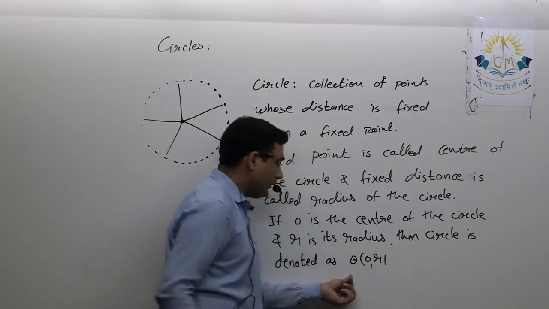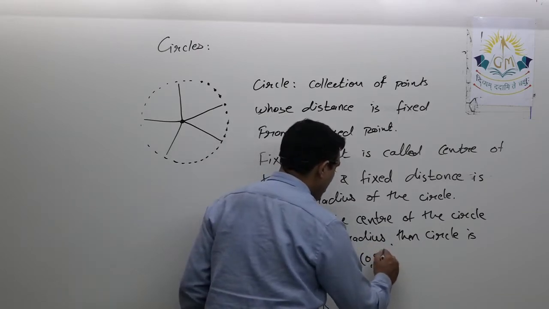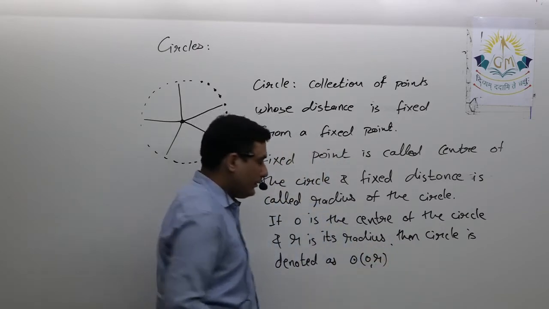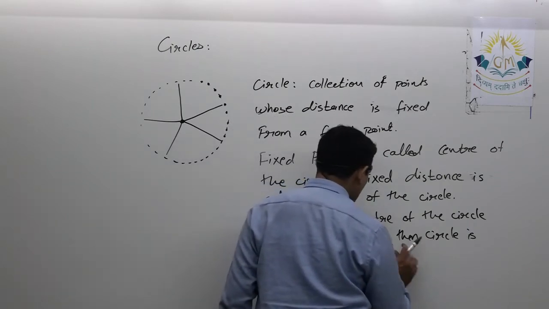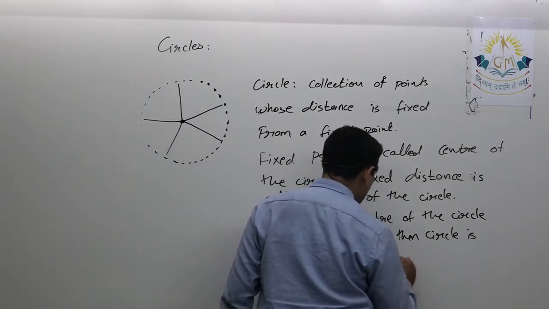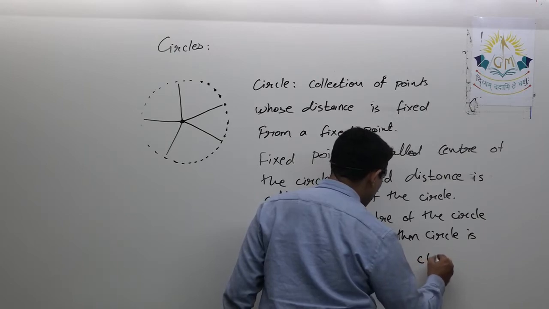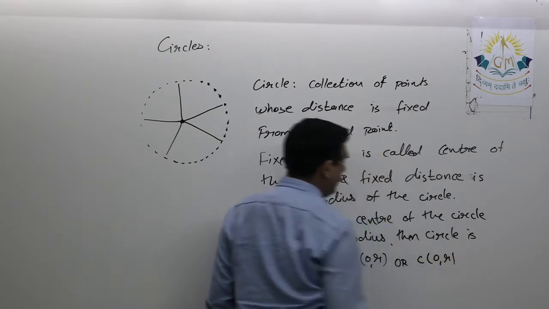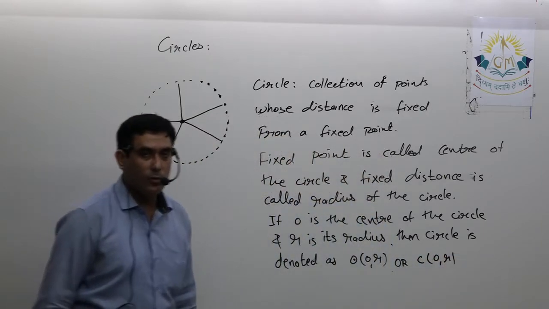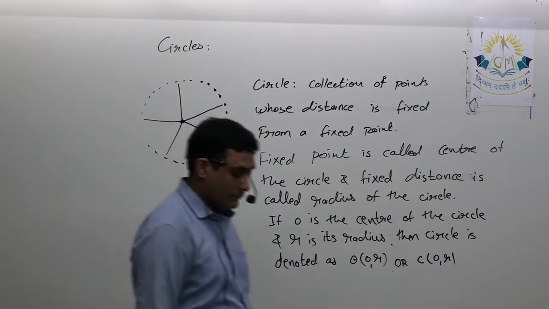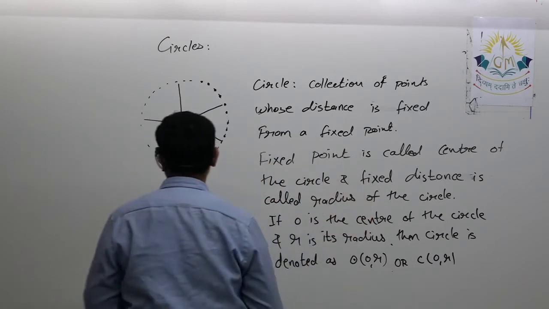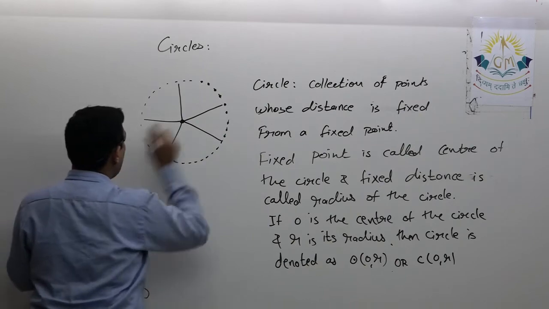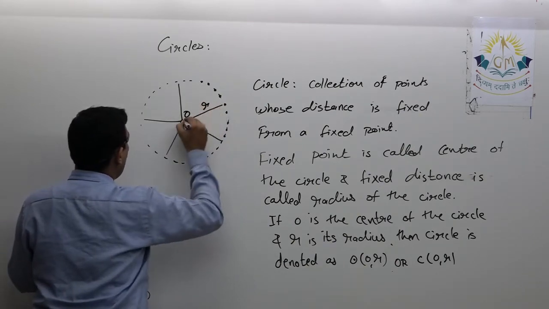We'll read this as circle O comma R. That means its center is O and radius is R. Also, it can be written as C(O, R). Again, it means a circle having center O and radius R. So this is the very basic definition of the circle. Here this is O and this is R.